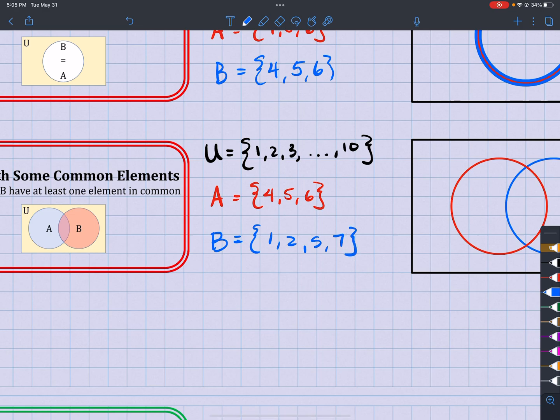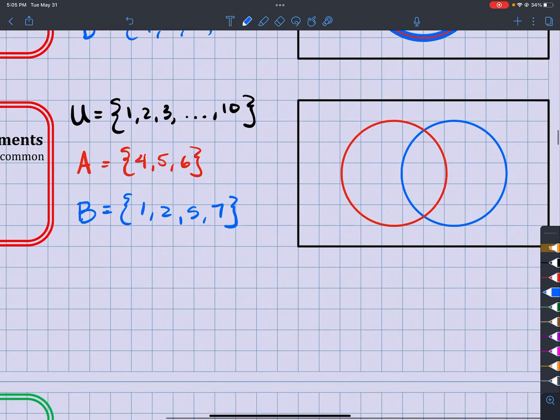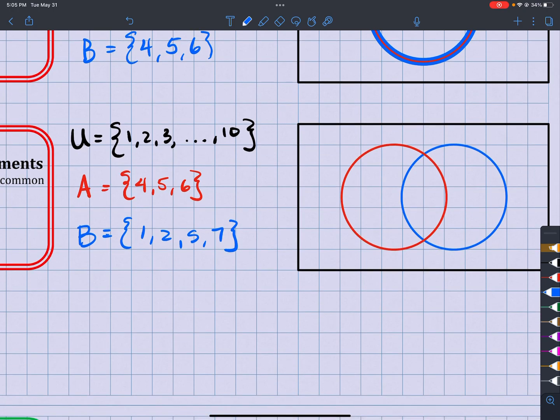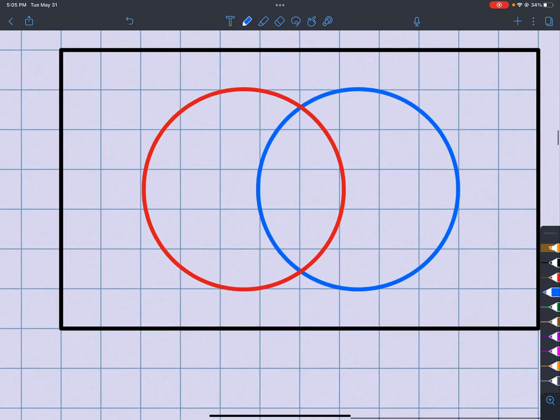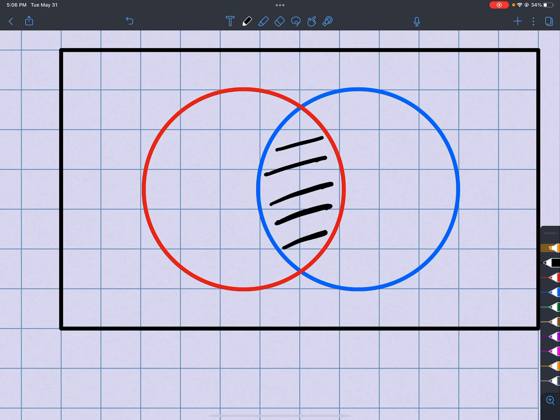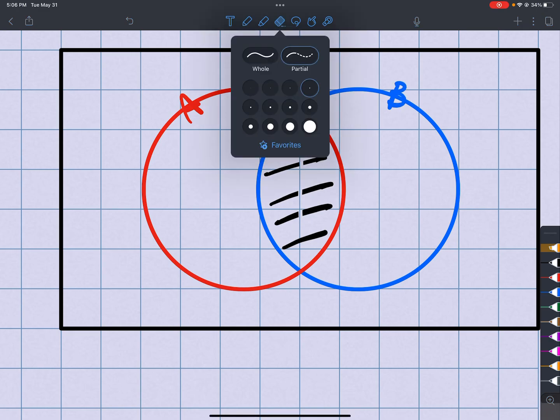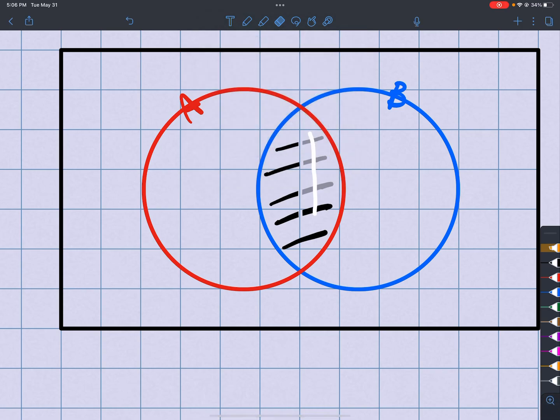So, first thing I want to do is look at what is in common between A and B. So if I ever have this, that means this part right here is what is in common between one set with the other set. In this case, set A versus set B. What do they have in common with each other? Okay? So that's what that means right there.